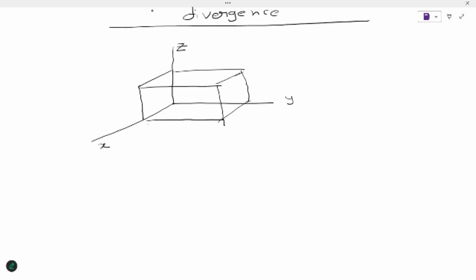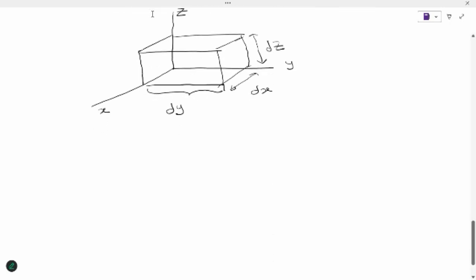That is, this is dy, this is dx, and this is dz. Now, the volume of this parallelepiped d tau is dx, dy, and dz.